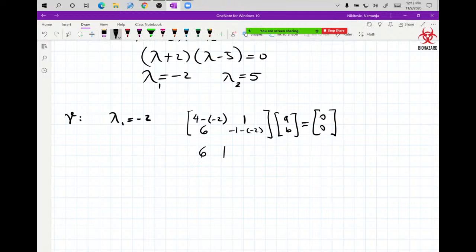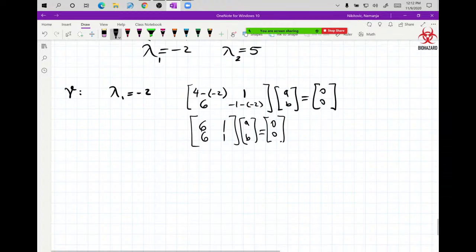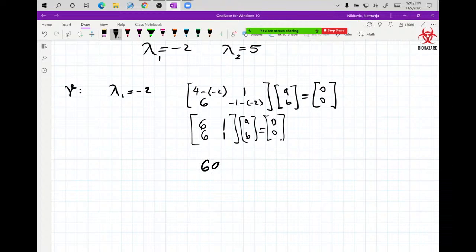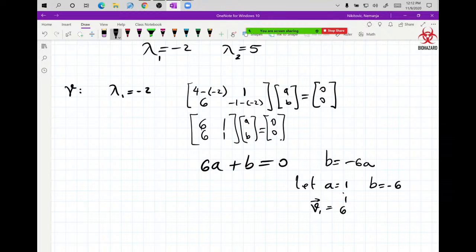I hope you see that. Right there. And now you are dealing with 6a plus b equals to 0. B is equal to -6a. So let a be 1, then b is -6. And you have your associated vector v1, which would be 1, -6.